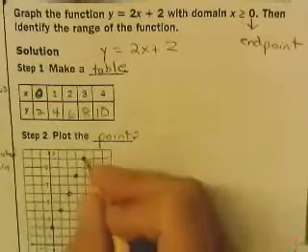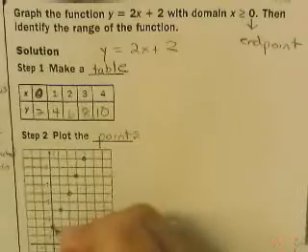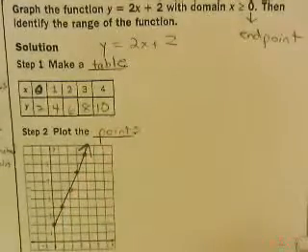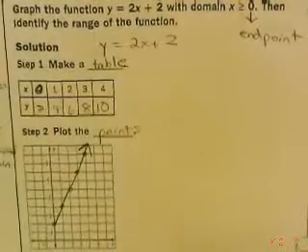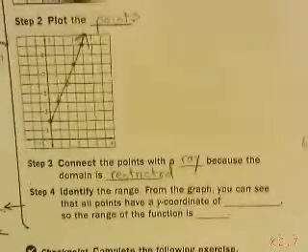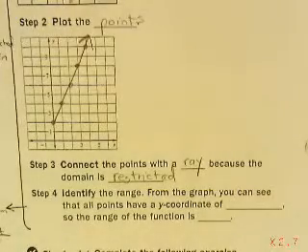So I should not do a full line because I can't go in this direction. What I do is I graph a ray because the domain is restricted. Okay, so down here it says connect the points with a ray because the domain is restricted.